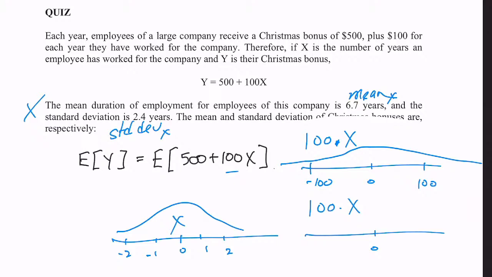So if 100x looks like that, what's 500 plus 100x going to look like?